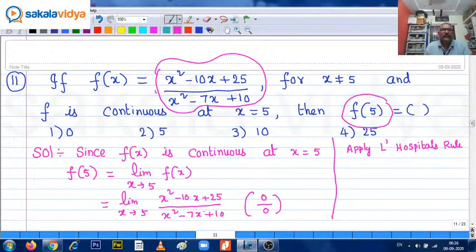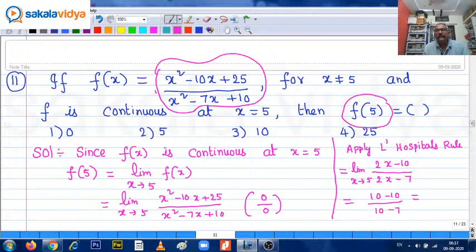So differentiate numerator and denominator separately. Derivative of numerator is 2x minus 10 upon derivative of denominator 2x minus 7, and same limit, x tends to 5. See, 2 fives are 10 minus 10 upon 10 minus 7. 0 upon 3 is 0. Obviously the answer is first option.